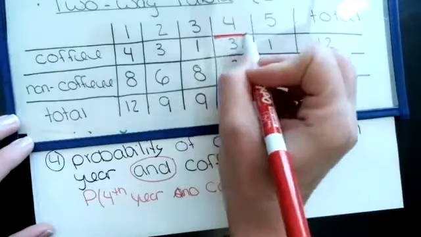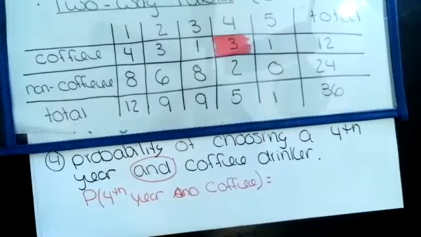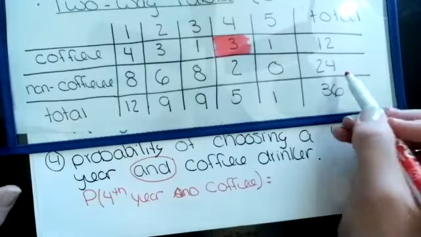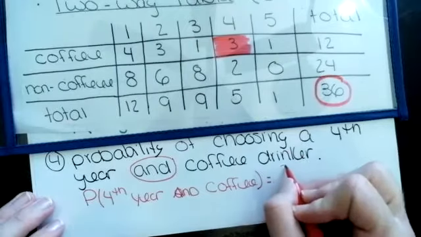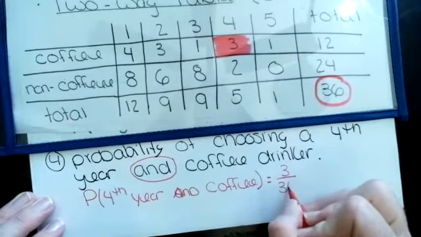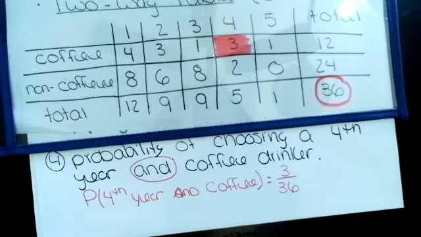So I'm just looking at this one box right here. And again, it's still just out of my table total. So in here, I'm looking at 3 out of 36 students that are both fourth year and coffee drinkers. So I have 3 out of 36 that I could possibly choose. That's the probability of choosing someone that's a fourth year coffee drinker student.